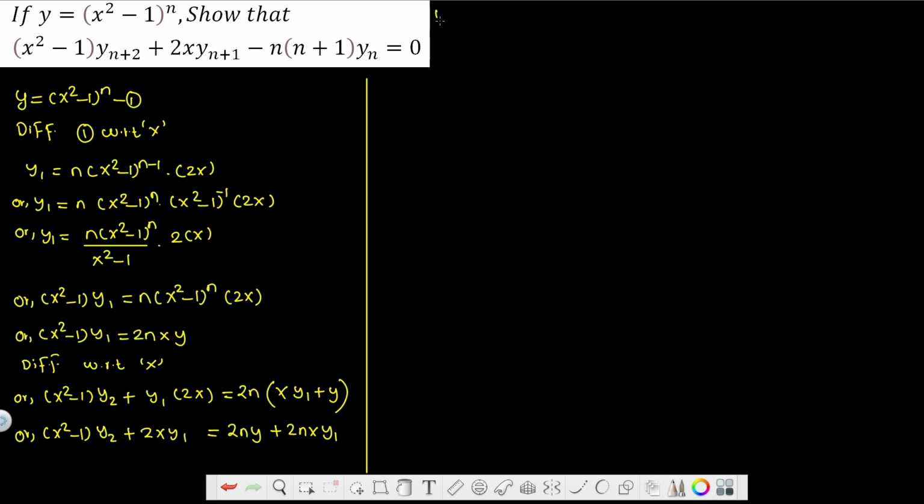Using Leibniz theorem, the step is as follows. First, since we have 2 here, write y n plus 2, keeping x square minus 1 as it is, plus write nC1.